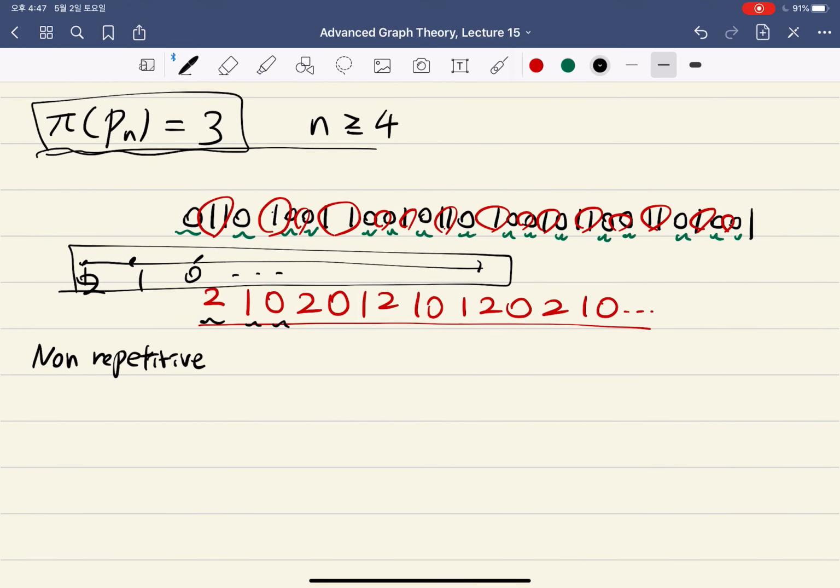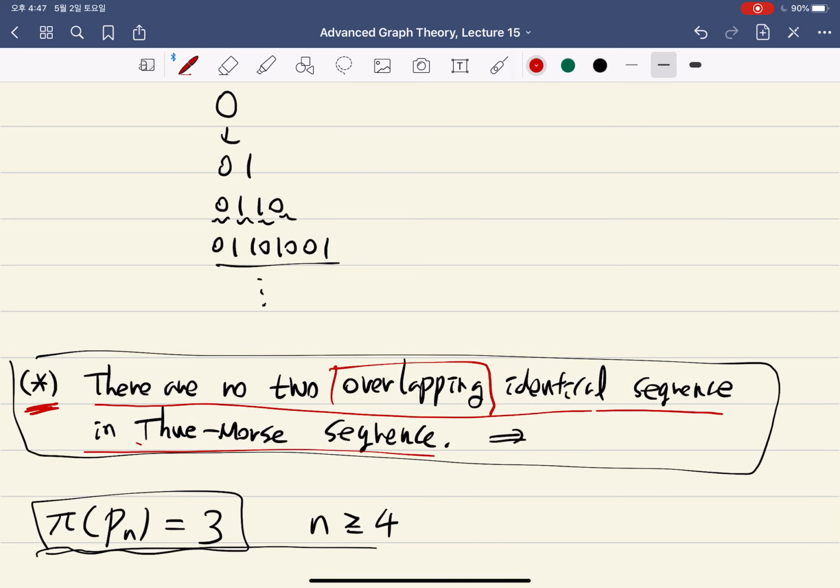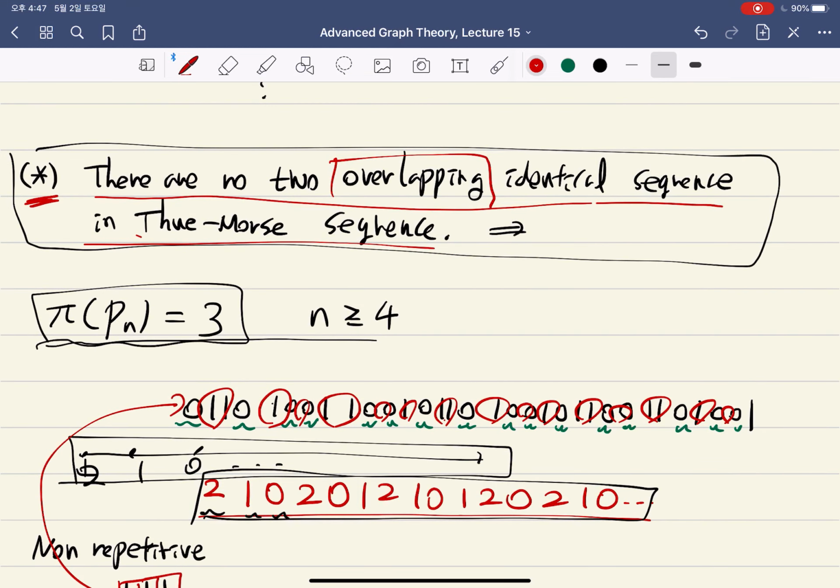Because first, this is surely a ternary sequence, because if there are two consecutive ones, then this part and this part are identical segments which are overlapping, which contradicts this claim.